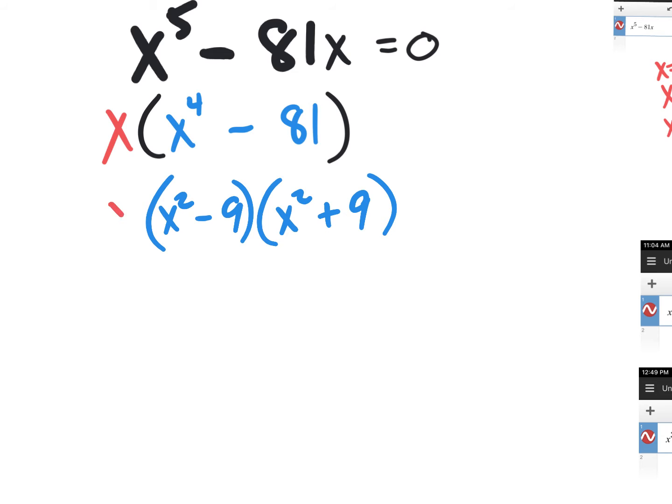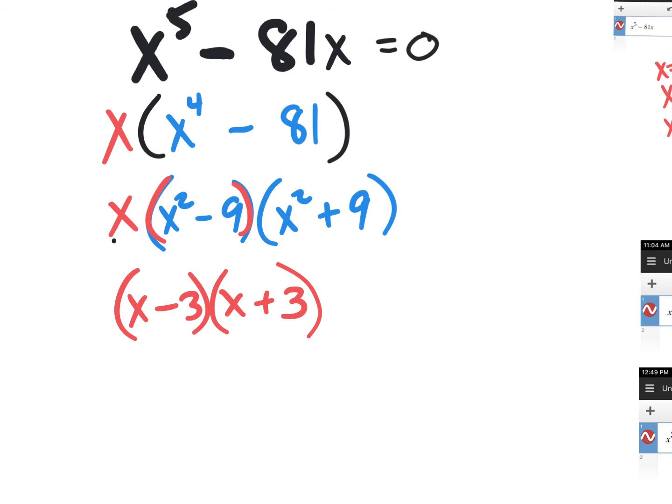And you still have the x that you originally factored out to start with. Now, could you factor anything else? You can't factor this guy, but this guy is a difference of two squares again. You could square root, and plug it into your factored form format. So the x squared minus 9, I could technically factor it further and get an x plus 3 and an x minus 3.